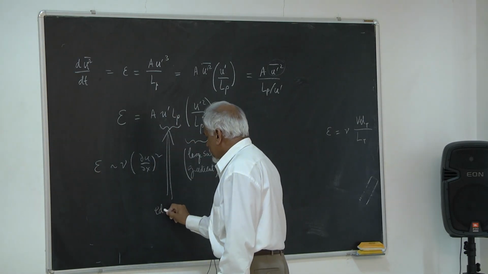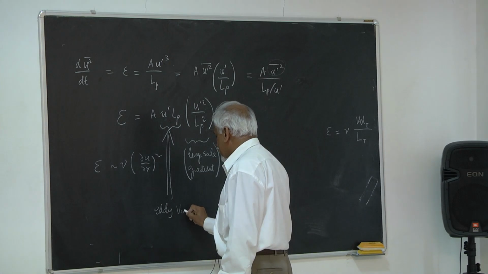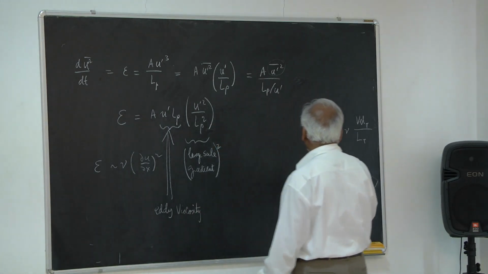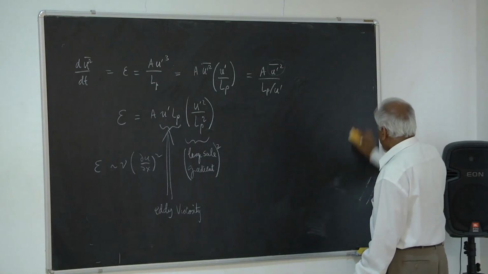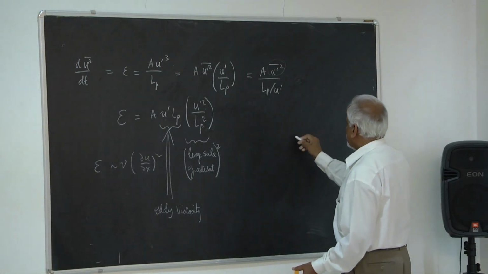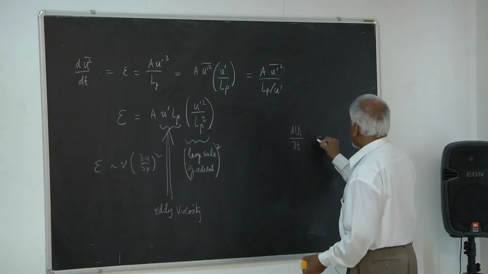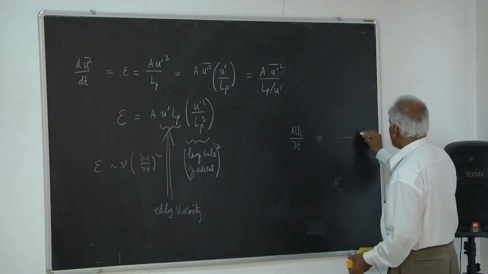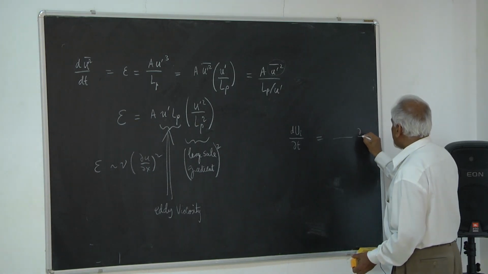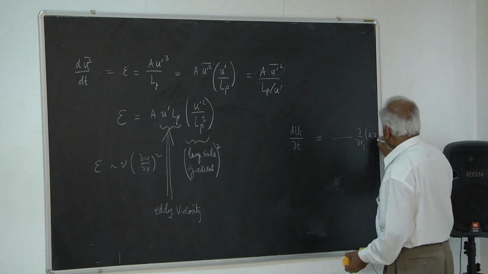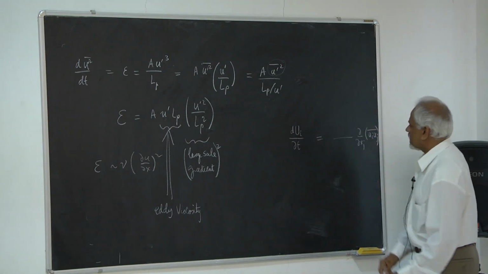This is roughly what I already told you yesterday or day before or whenever, where I said in the equations of motion, if you write an equation for mean velocity, for instance, you will have an additional term which is equal to d by dxj of ui uj bar, like that.